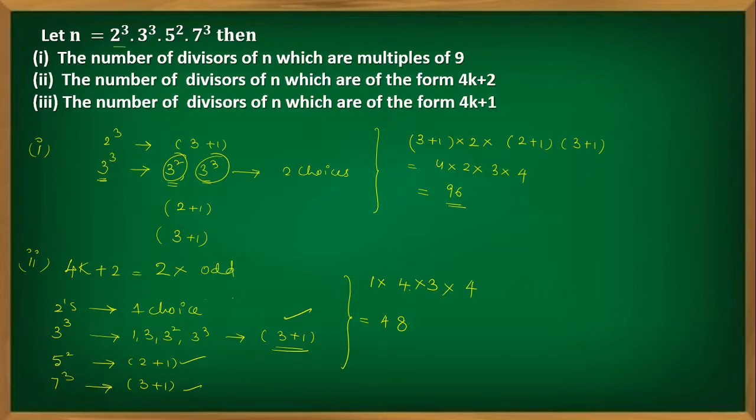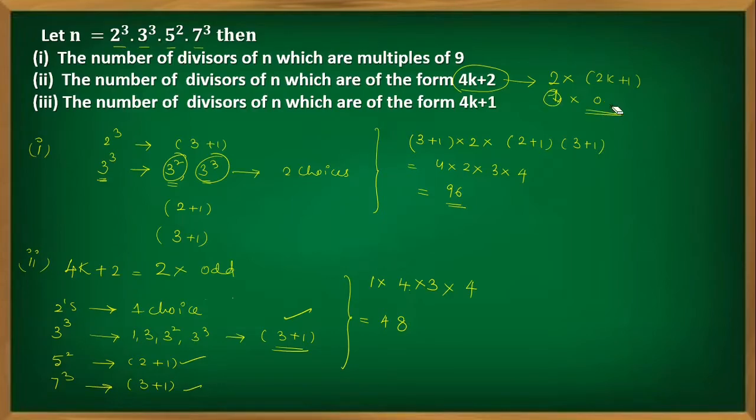for this number 2 cube into 3 cube into 5 square into 7 cube, which are of the form 4k plus 2. So once again I repeat, if the divisor is of the form 4k plus 2, it should be, if I take 2 common, you will get 2k plus 1. So the combination of divisors should be 2 into any odd divisor.